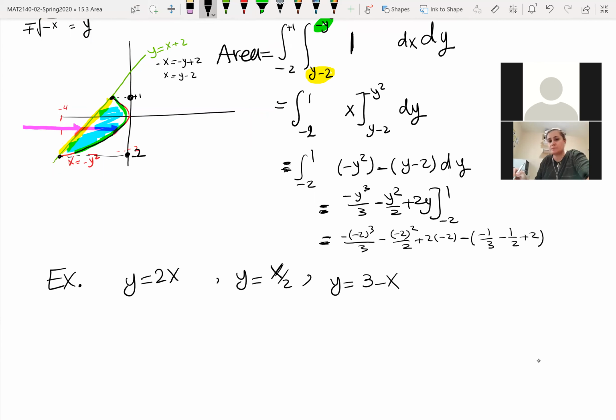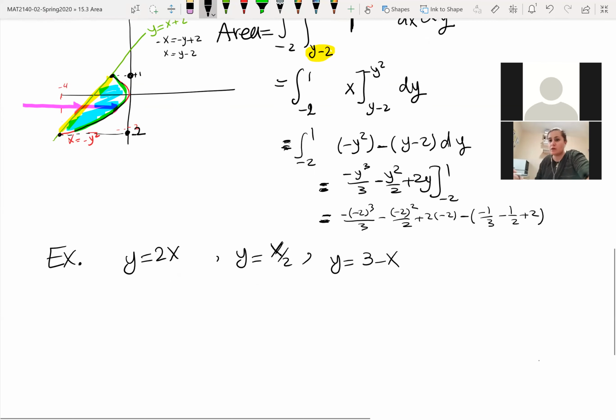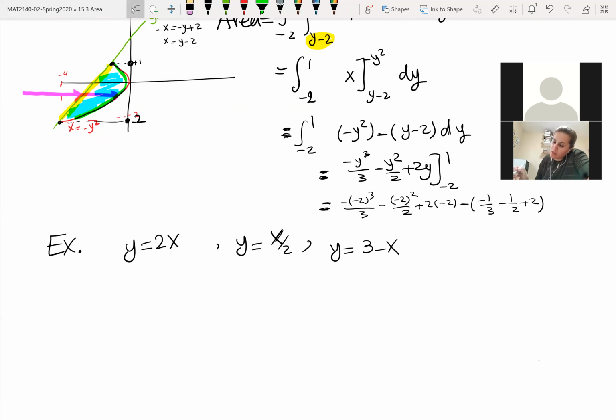Ready? Okay. So one more time, let's just check I wrote the problems correctly. First of all, this is going to be the intersection of all these three lines. So you have y equals 2x intersecting y equals x half.